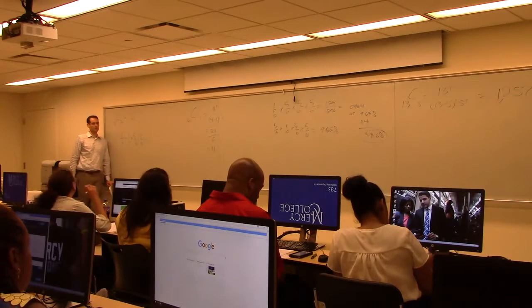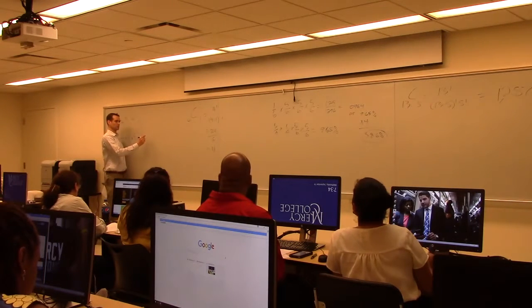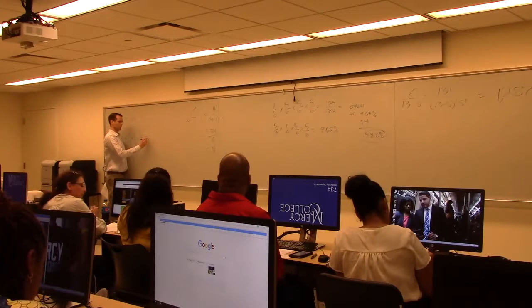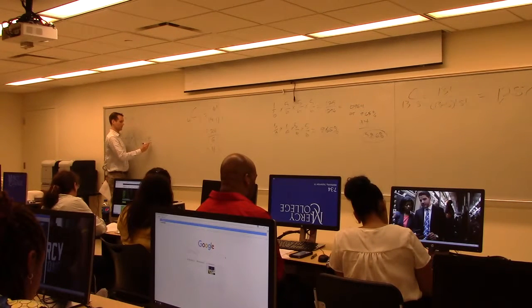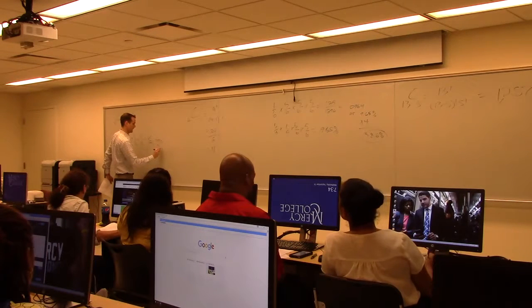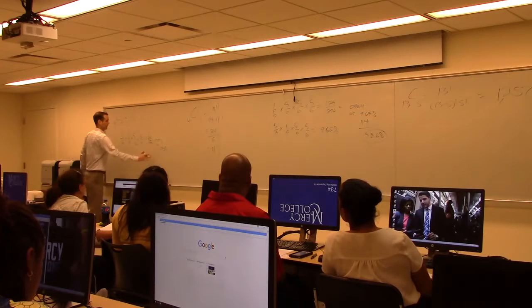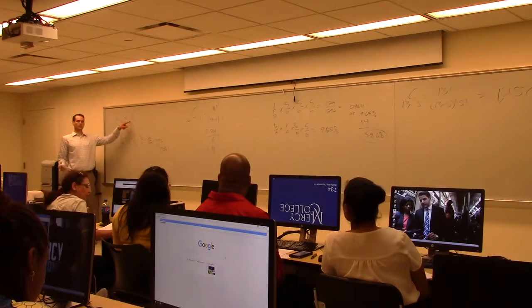And does anyone have this for me? 25 over 1296. What's the decimal? 0.0193. Or 1.93%. All right, and what do we need to do to that to get to our answer?